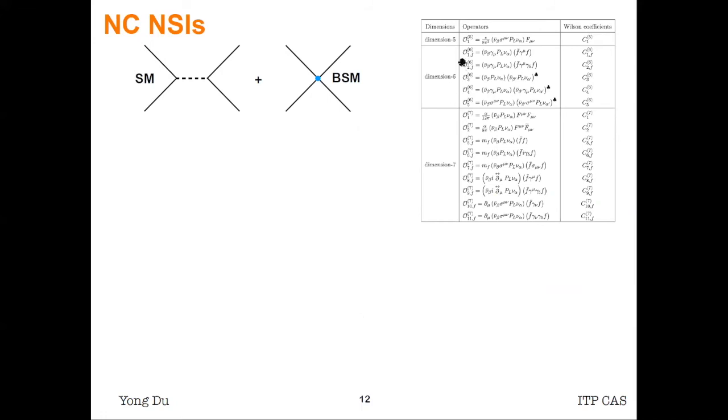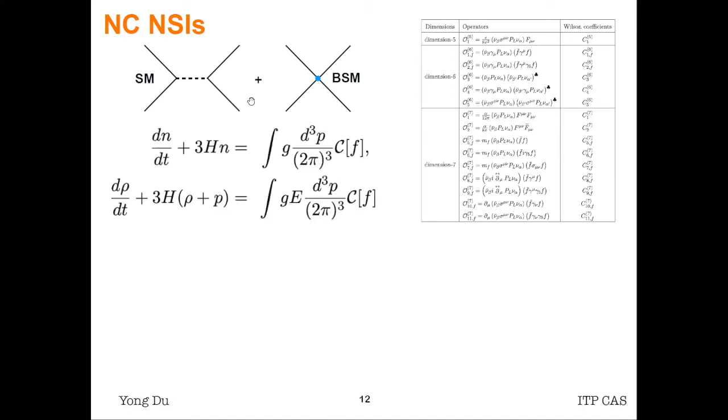Each operator in this table would introduce corrections to particle scattering or annihilation in the early universe, thus modifying the prediction of N_eff. To quantify the correction from this BSM physics, which is encoded in the collision term, you only need to solve the Boltzmann equations shown here.